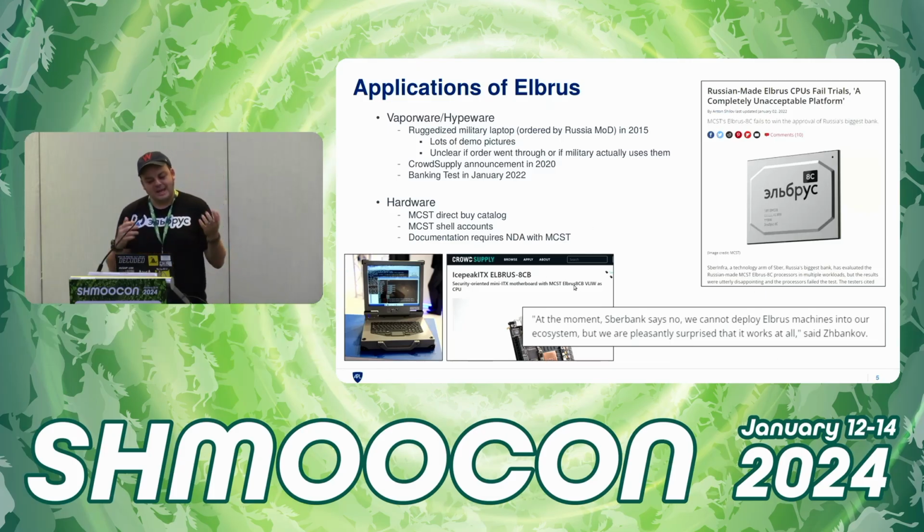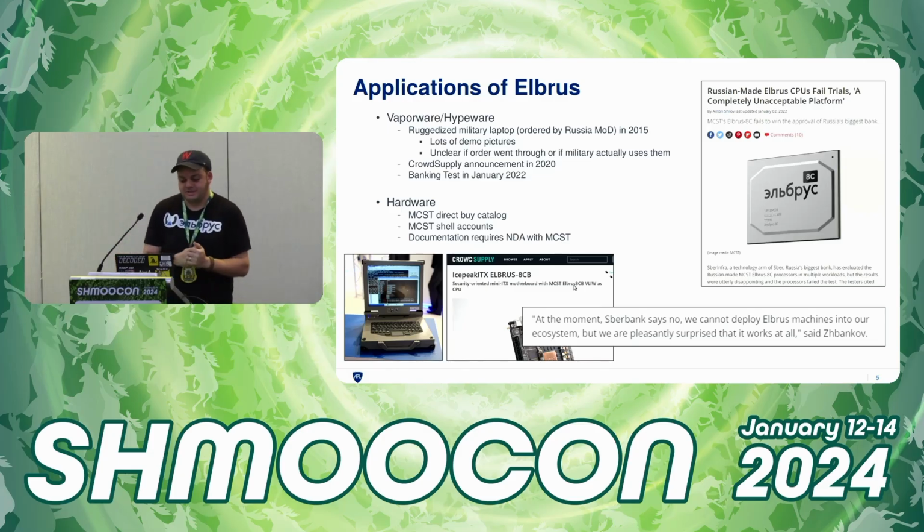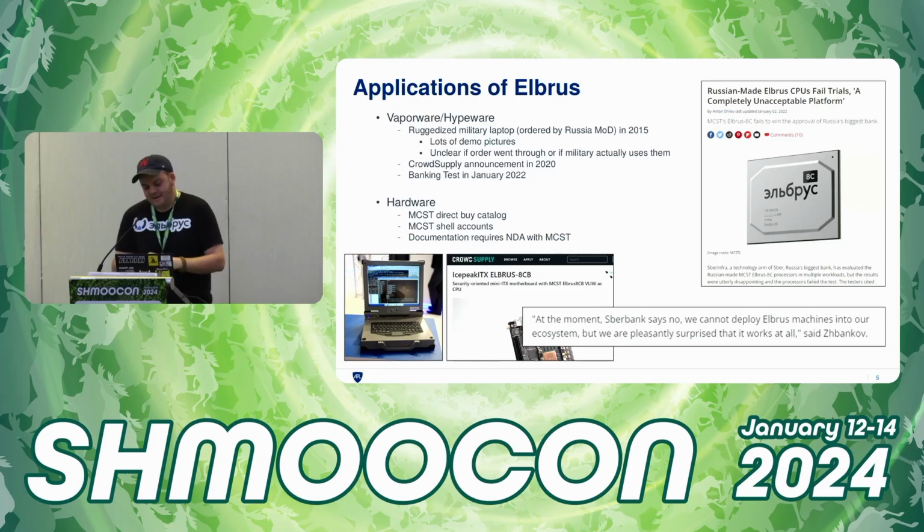Sberbank says, no, we cannot deploy Elbrus machines into our ecosystem, but we are pleasantly surprised that it works at all. Yeah, so that's really what it boils down to.